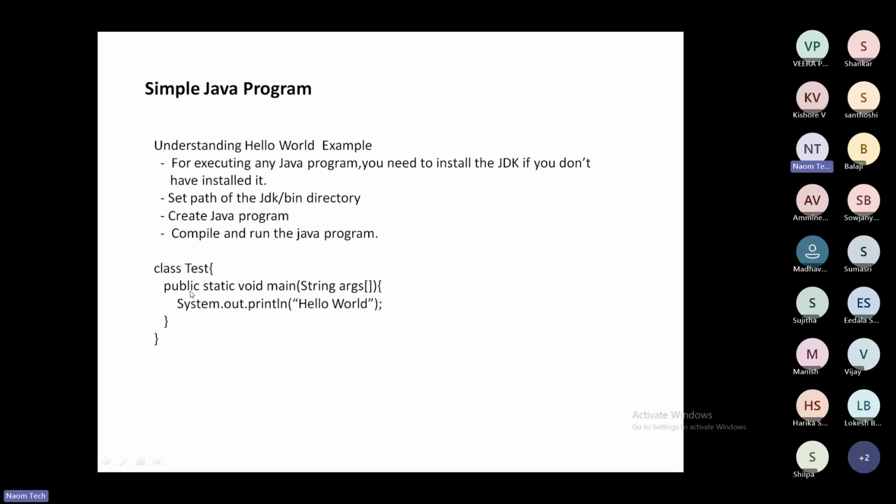We declare methods or variables as public. When you say something is public, it is accessible anywhere throughout your package and also in other packages.